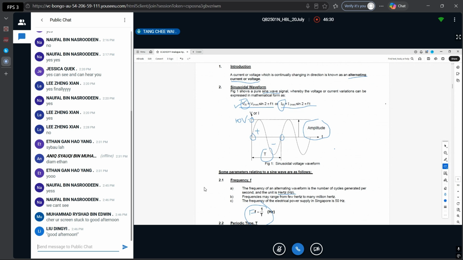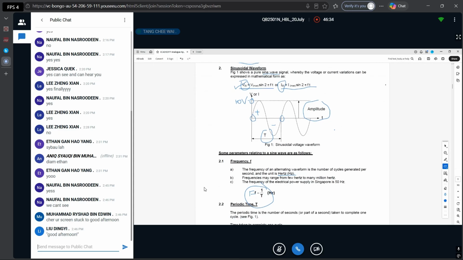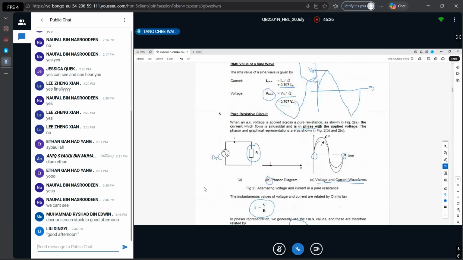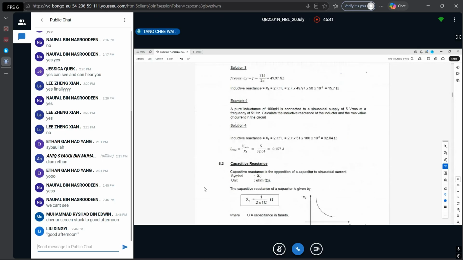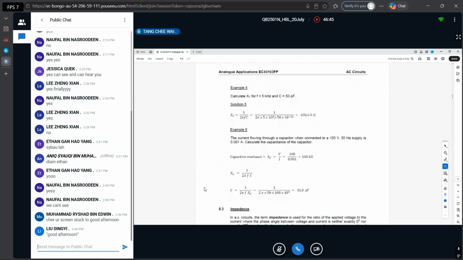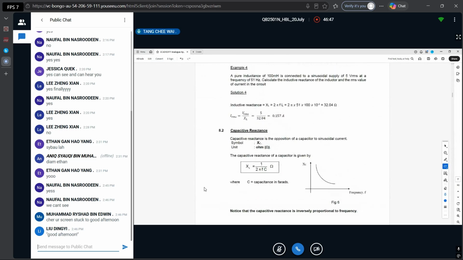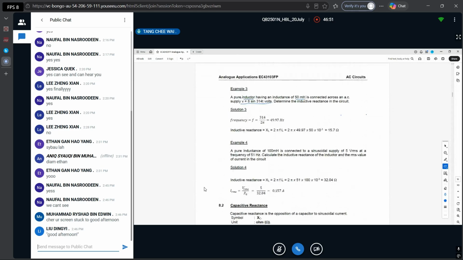All right, now I go back to here again. I try to write out the formula for you. Okay, so just now the generic formula is what?